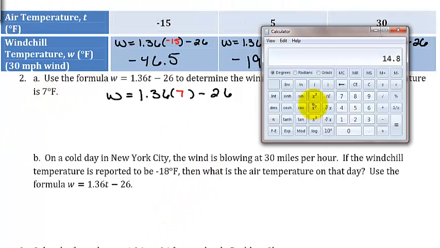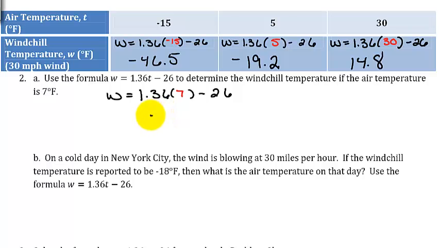And now we're going to do that calculation on our calculators. 1.36 times 7 gives us 9.52, and subtract from that 26, giving us negative 16.48. And that's in degrees Fahrenheit.